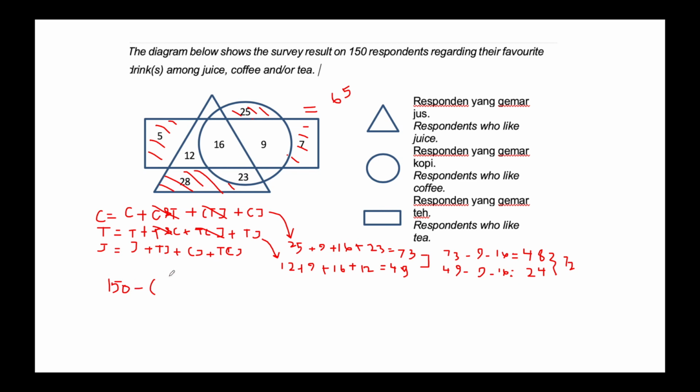So 150 minus 5 minus 12 minus 28, minus 16, minus 23, minus 9, minus 25, minus 7.